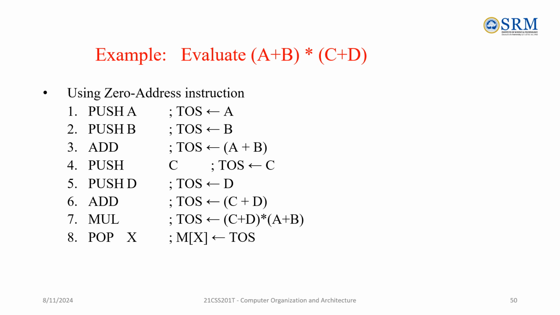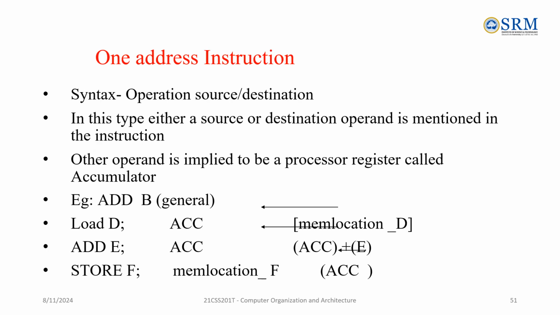Then pushing C and D, then addition takes place between C and D. Then you are multiplying the addition value of A and B with the addition value of C and D, and then you're copying the result to X. So in this, there is no memory location that is specified in these zero address instructions.